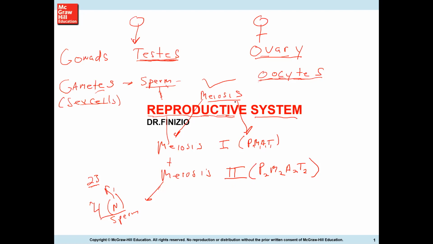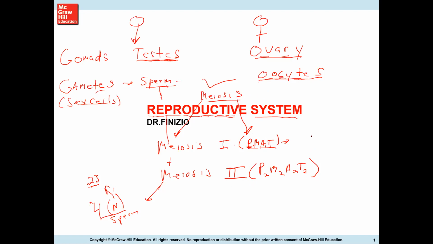Now, female, of course, is much more complicated. Females, you begin meiosis 1 before you're even born, and meiosis 1 doesn't complete. First of all, it stalls in prophase 1 in the ovary. The oocyte, which starts with an oogonia, undergoes mitosis to become a primary oocyte.